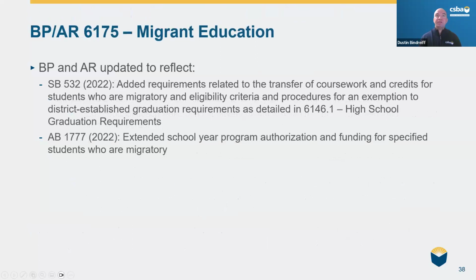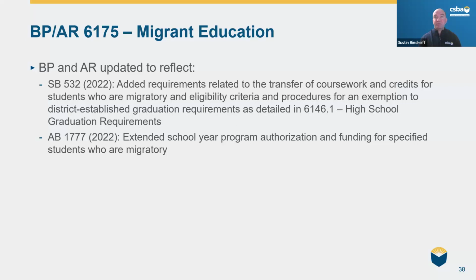The big addition here was related to SB 532, where we incorporated the requirements related to the transfer of coursework and credits for students who are migratory, and added the eligibility criteria and procedures for these students being eligible for an exemption to district established graduation requirements.